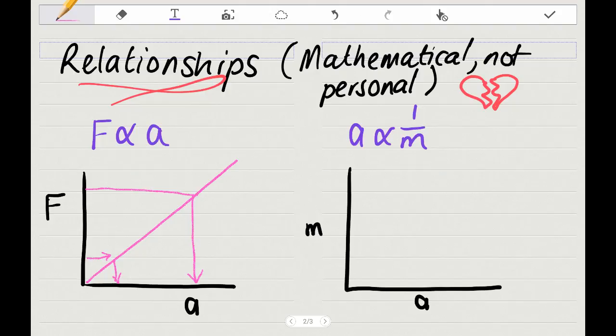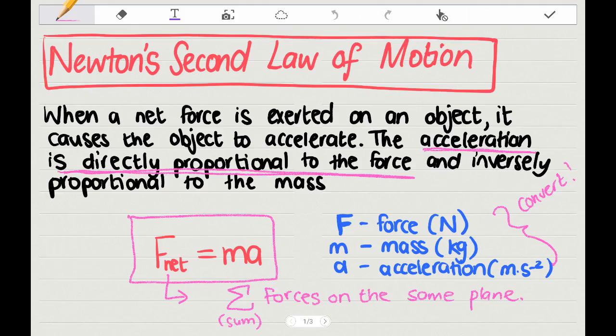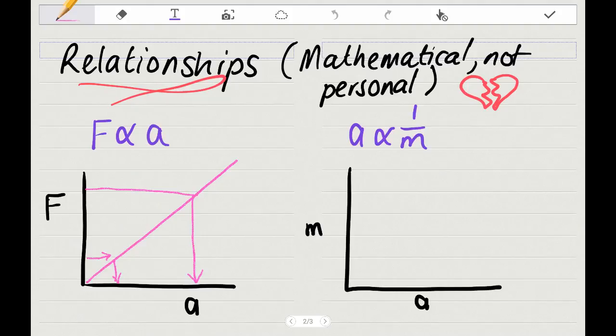The second one is that acceleration is inversely proportional to the mass. So here we have acceleration is inversely proportional to the mass. Now, what an inversely proportional relationship means is if you increase one factor, the other one decreases, and if you decrease the factor, the other one increases.